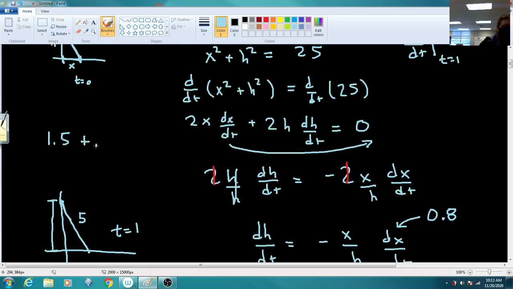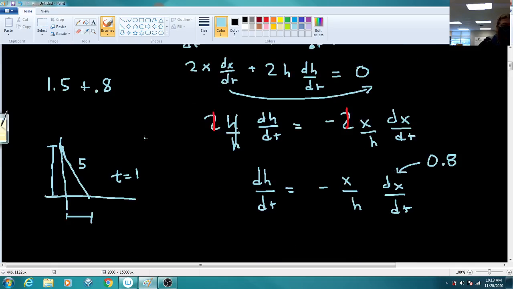So we get 1.5 plus 0.8, which equals 2.3. So 2.3 will be our x value at time equals 1. At time equals 0, the ladder was at 1.5. In the 1 second, the ladder slipped. Since it slips at a rate of 0.8 meters per second, the ladder slips over an extra 0.8. So 1.5 plus the extra 0.8 gets us 2.3 there.